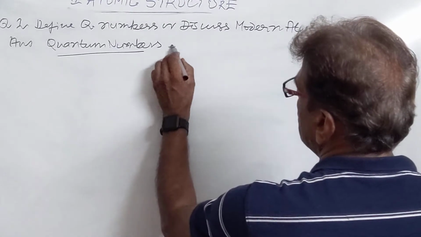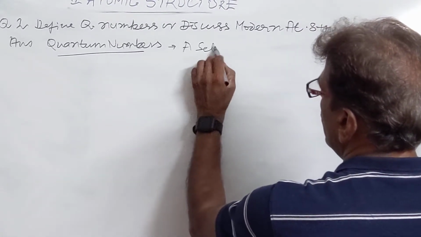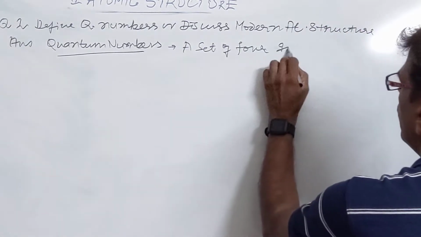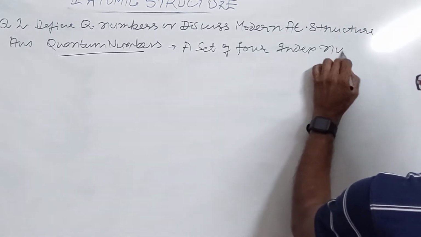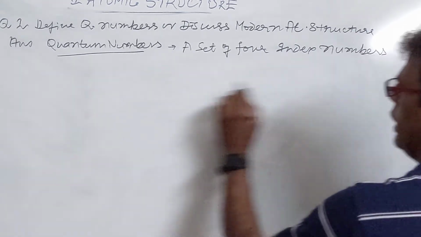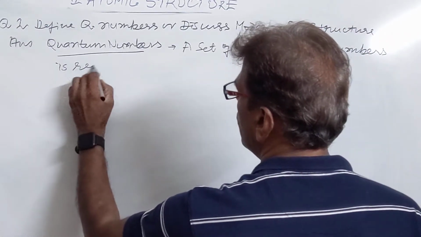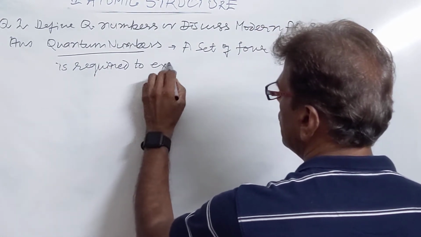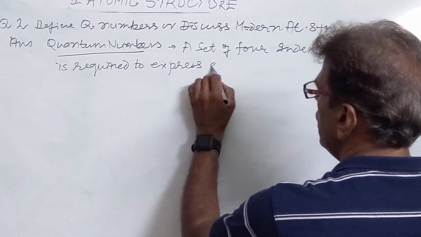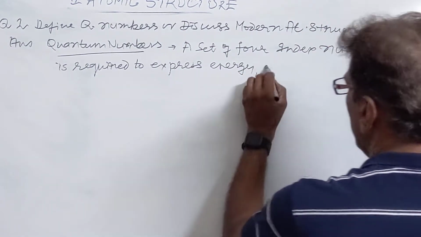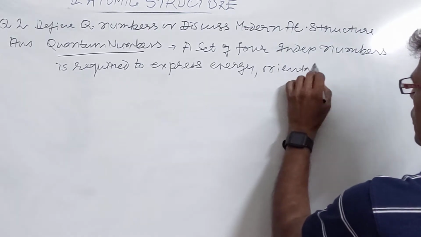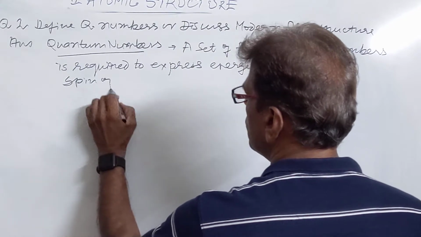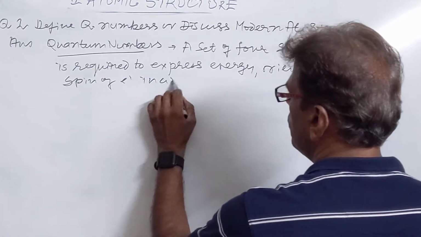So quantum numbers are a set of 4 numbers required to express energy, orientation and spin of electron in an atom.